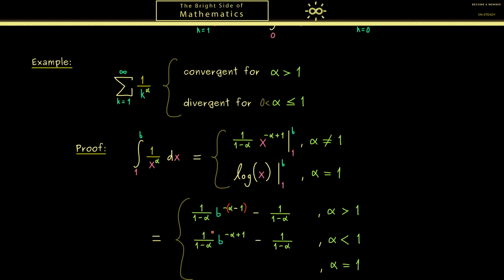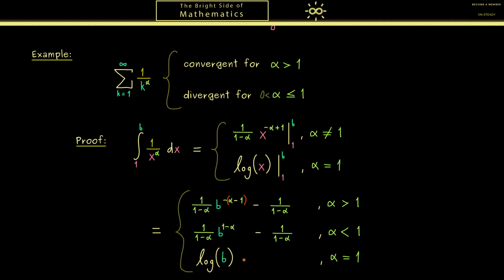Now, for the second case we have the same result, of course, but now the power is positive. So let's make this clear by putting 1 in the front. So we subtract something that is always less than 1, therefore the power is always positive. Okay, then in the last case you see, we just have log of b.